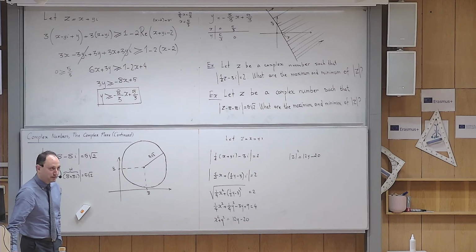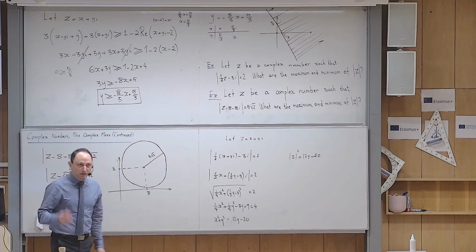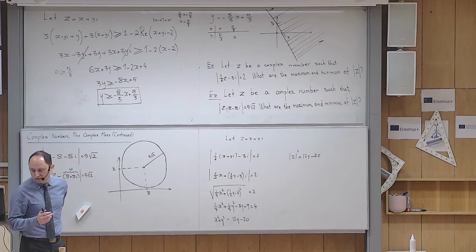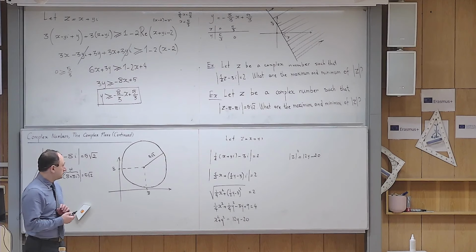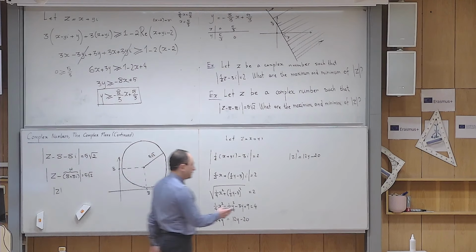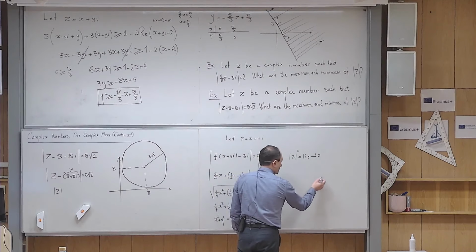You have to have a good understanding. Anyone else? We have to take the absolute value of w, and then for the minimum we subtract 5√2, and for the maximum we add 5√2. Okay, let me forget about this, because I want to test if your understanding is correct.